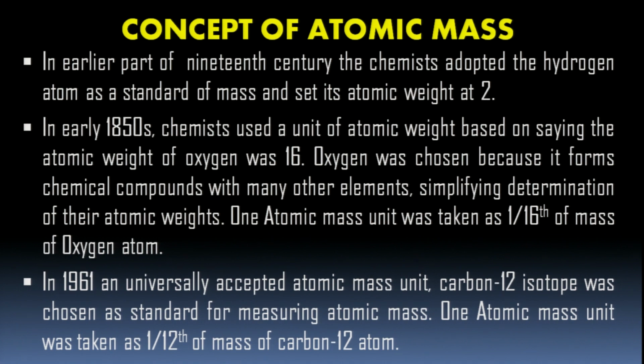I told you, carbon-12, another isotope of carbon is there, that is carbon-14. Okay. So, here the word isotope is used. Carbon-12 suited this purpose perfectly. Carbon-12 was the perfect element to be chosen for making a standard for measuring the atomic masses.